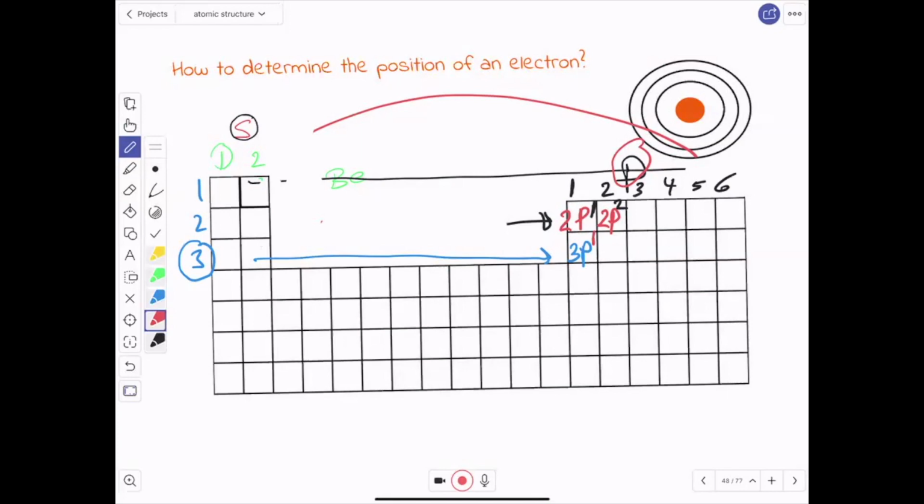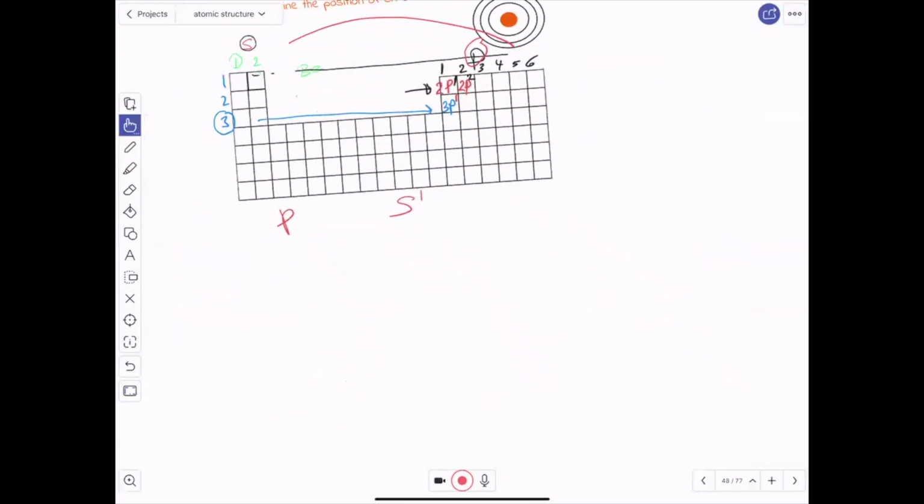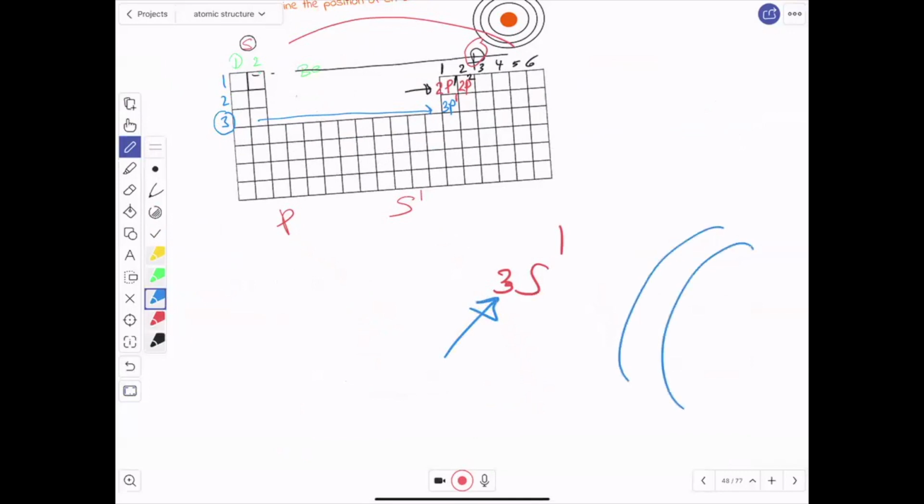Now, I don't want you to write these things without understanding what they mean, right? So let's try to understand what those S, P, and the numbers we're writing actually stand for. For instance, if I write 3S1, the 3 stands for the shell.